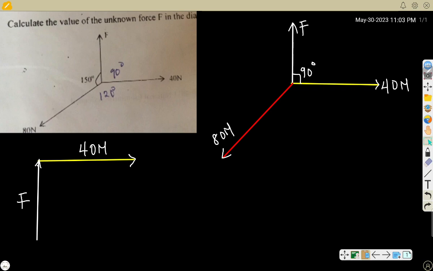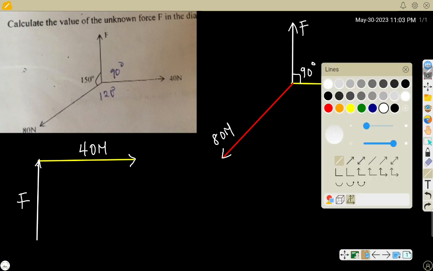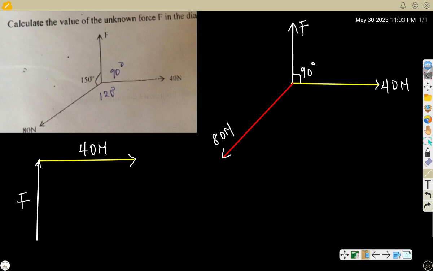So now the red. The red can now close it this way. You see, I've formed a triangle here. So this red is 80 Newton, like that. So here is 90 now.